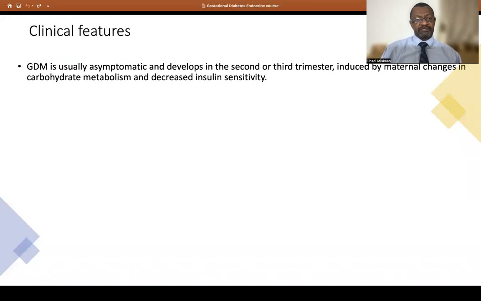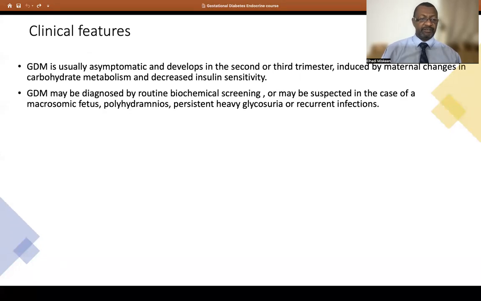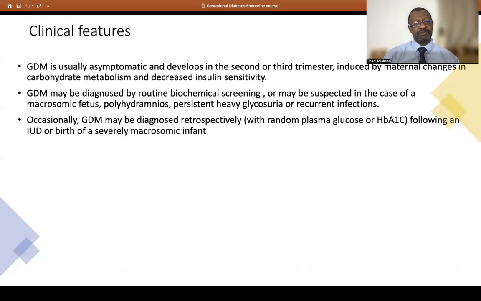Regarding the clinical features of gestational diabetes, GDM is usually asymptomatic and develops in the second or third trimester, induced by inappropriate carbohydrate metabolism and decreased insulin sensitivity. GDM may be diagnosed by routine biochemical screening or may be suspected in a case of macrosomic fetus, polyhydramnios, persistent heavy glucosuria, or recurrent infection.